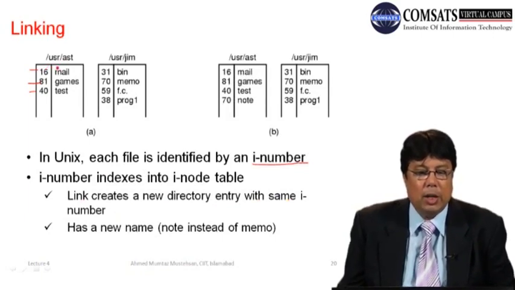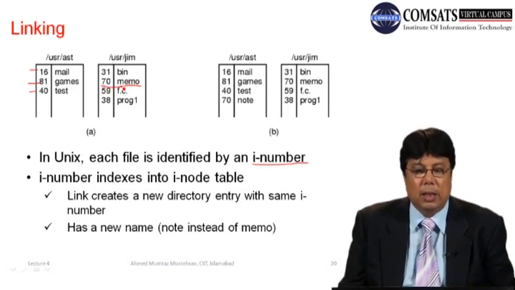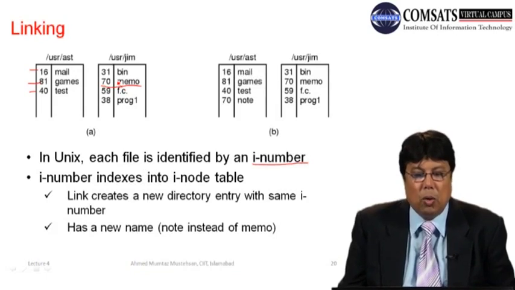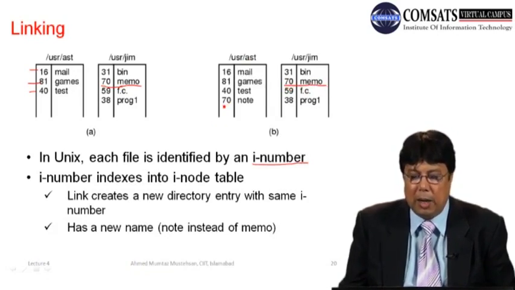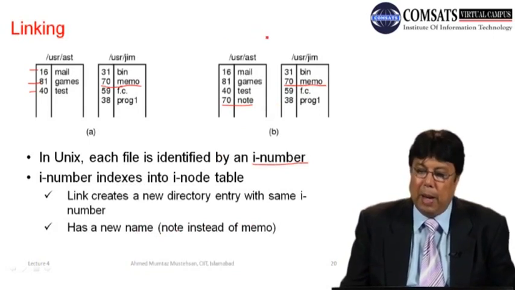Look, /user/ast and /user/jim. In this particular example, Jim had a file whose name was memo, whose inode was 70, the same index. What Jim did was link it for AST with the same inode, giving it a new name, note, instead of memo. The file memo is for Jim, but for AST it is note. It is the same file because both have the same inode number.